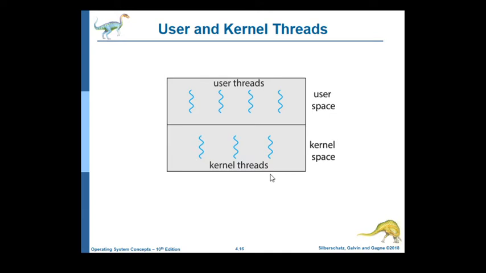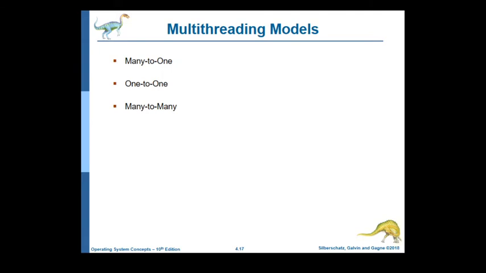The common way of establishing the relationship is via multi-threading models. There are 5 types of models. The common ones are the many-to-one model, the one-to-one model, and the many-to-many model. The fourth one is the two-level model, and there is also the one-to-many model. However, we only discuss 4 models.